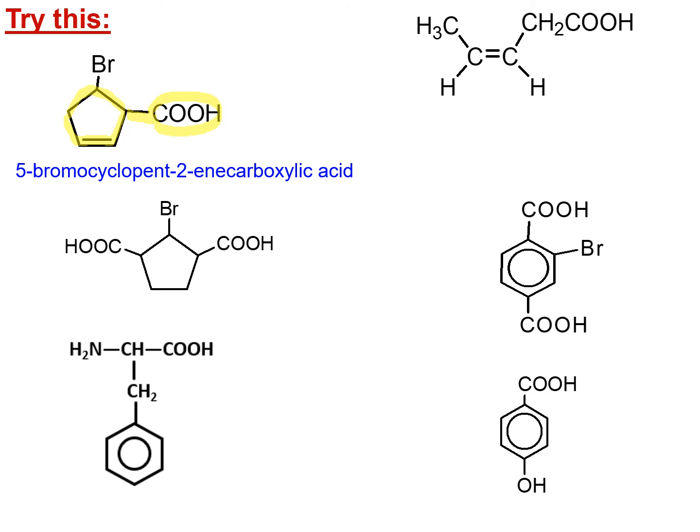Then this carbon will be carbon number 2, because the alkene functional group has priority over the halogen. That's why we don't go up, we go down. So this will be carbon number 2, 3, 4, and this will be carbon number 5. So the substituent name will be 5-bromo.